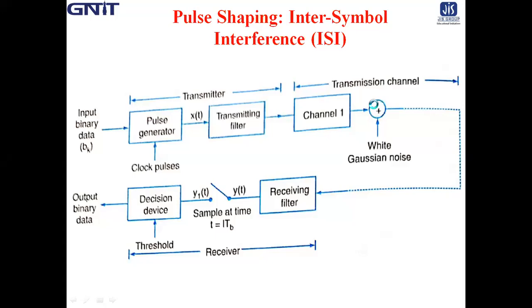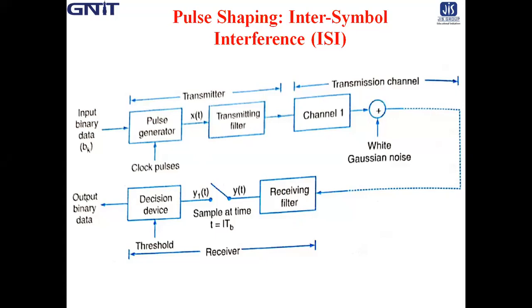Therefore, when the data is being transmitted in the form of pulses, the output produced at the receiver due to other bits or symbols interferes with the output produced by the desired bit. This is known as inter-symbol interference.